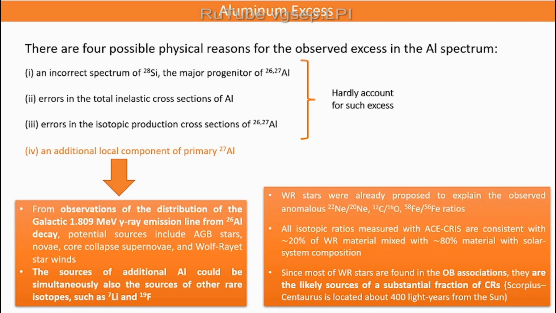So since these Wolf-Rayet stars are found in OB associations, they are likely sources of a substantial additional fraction of low energy cosmic rays. One candidate could be, for example, Scorpius-Centaurus, which is located about 400 light years from the sun.